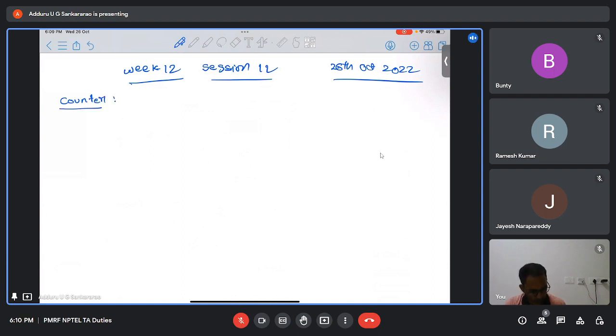The counter is a digital circuit which counts the number of clock pulses arriving at the clock input.